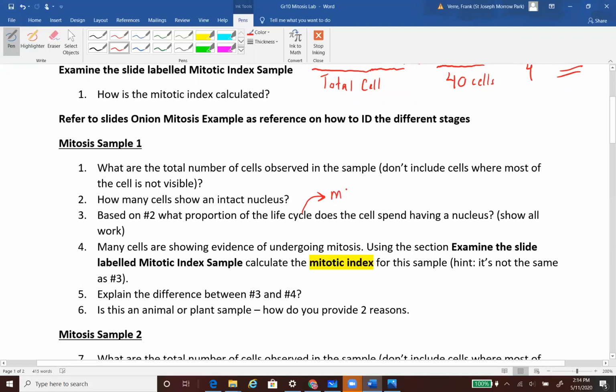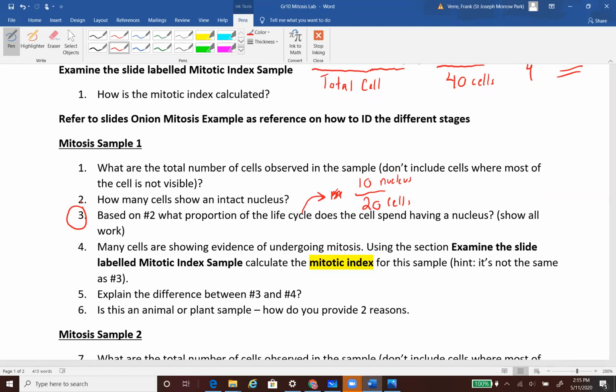It's the same calculation because if, let's say on my slide set, I have 20 cells and 10 of them have a nucleus, let's say 10 cells have a nucleus and I see 20 cells in total, then the calculation for number 3 is exactly the same as the calculation for the mitotic index.